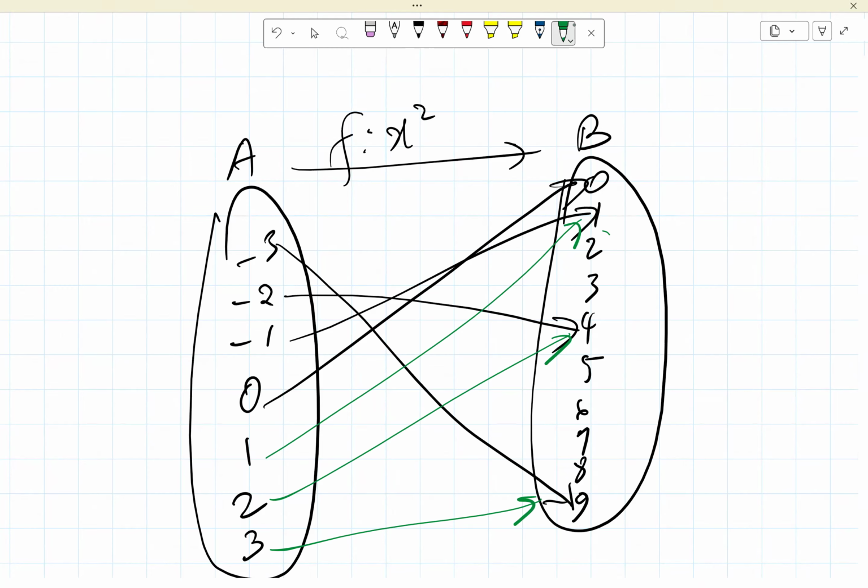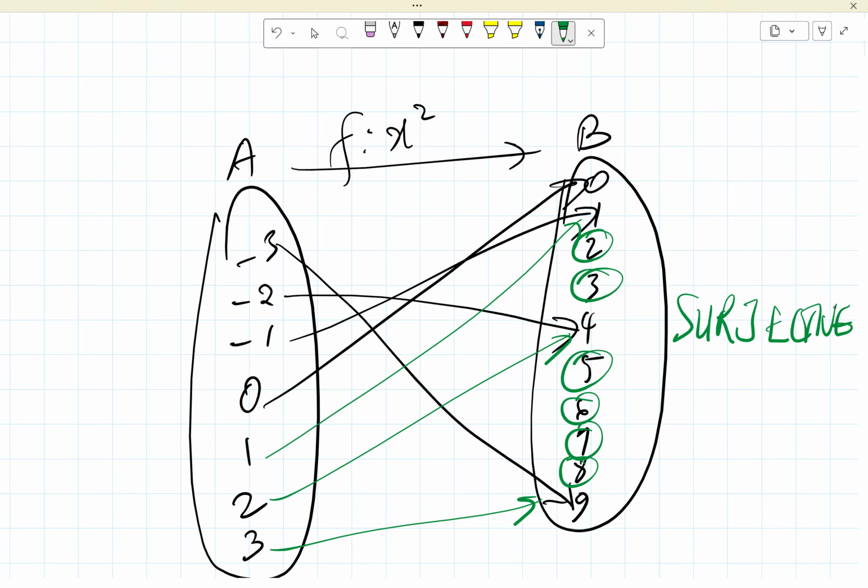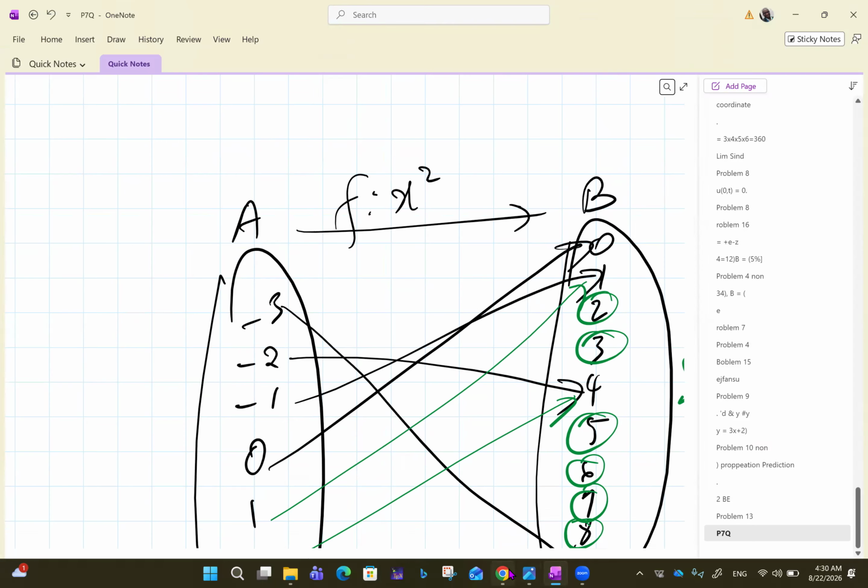So you can see there are some elements that are not used up. 2 is not used, 3 is not used, 5 is not used, 6 is not used, 7 is not used, 8 is not used. But the fact that more than one element here is mapped to one element here, that's the idea I'm trying to drive home.